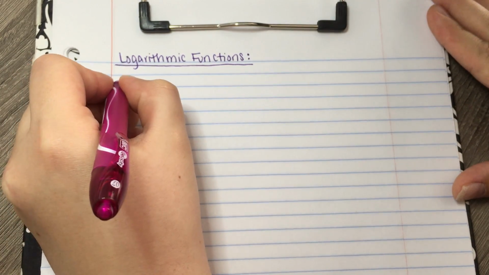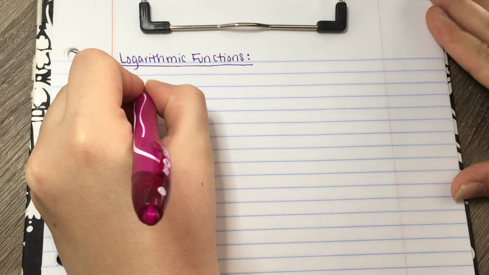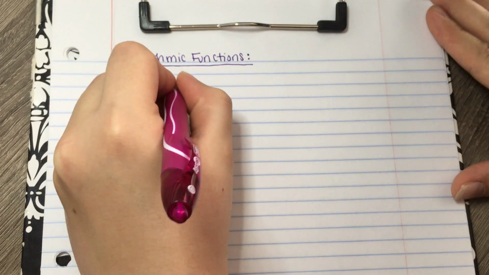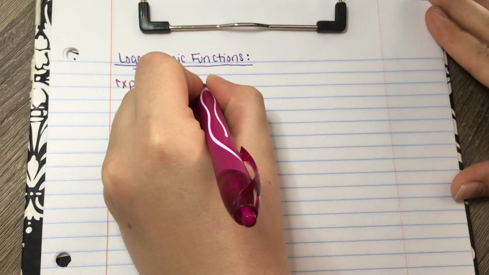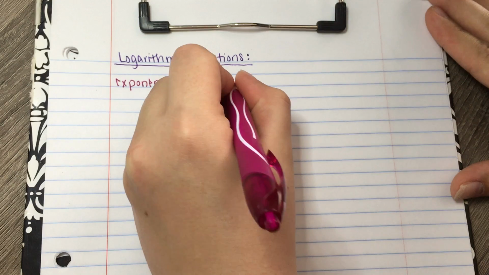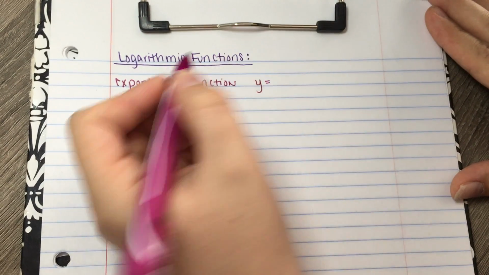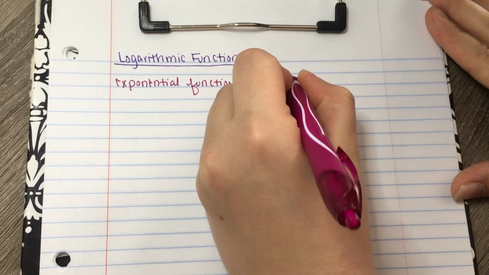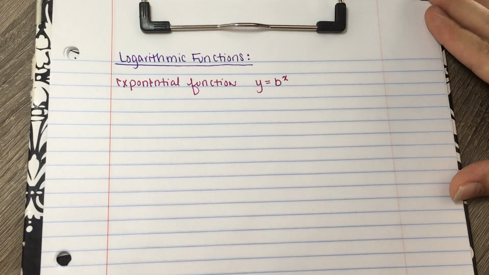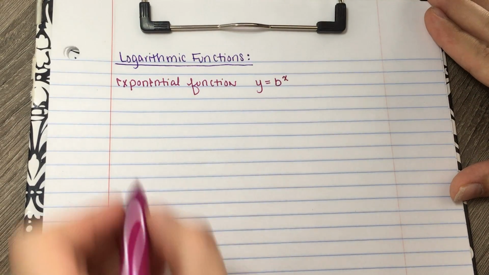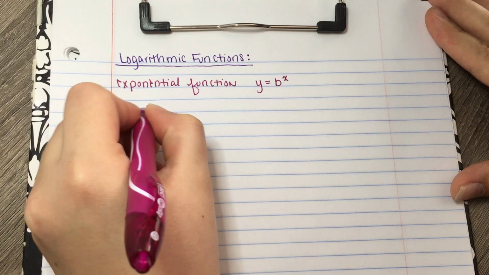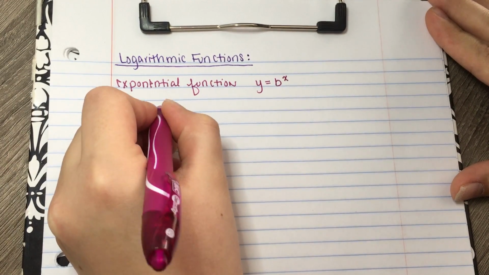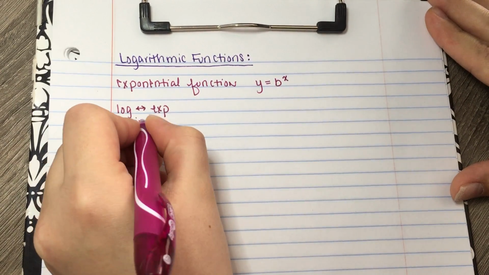With our log functions, we first have to start with just writing down our exponential function, and in the last video, we went over how our exponential function is written in the form y equals a b to the x, where a is usually our stretch, and b to the x is the important part. Our base is raised to an x. And then what we're going to see is that log and exponential functions are inverses of each other.